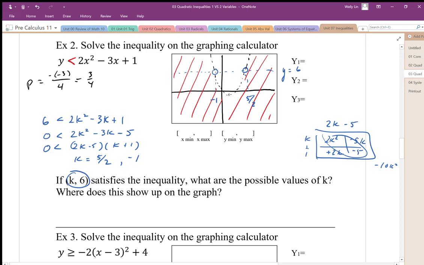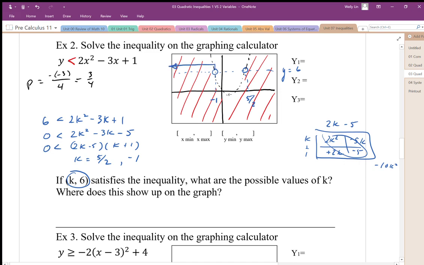And I can do this entirely on my graph by drawing in this horizontal line. But again, in essence, I want to know where this graph is bigger than or above 0. So it's above 0 in this region here.